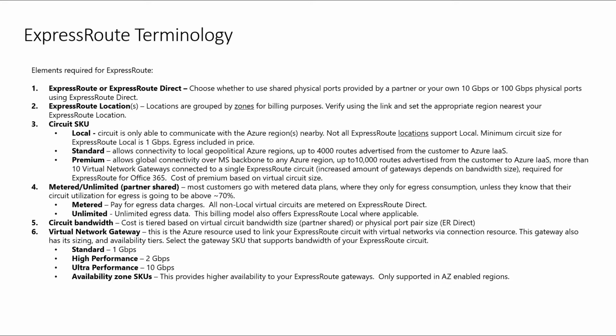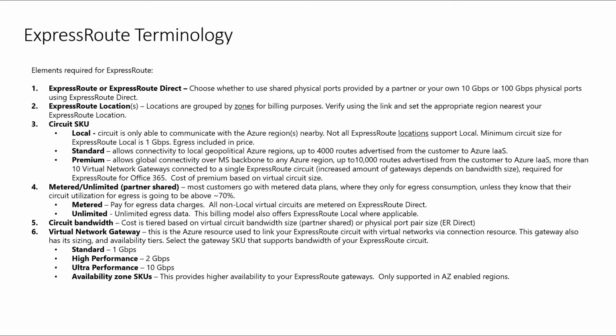Not all ExpressRoute locations support local SKU. The minimum circuit size for ExpressRoute local is 1 Gbps, and very important, egress traffic is included in the local SKU price, so any data leaving Azure is not charged. So that's a benefit of ExpressRoute local. Coming back to the standard circuit, it allows connectivity within a geopolitical region.